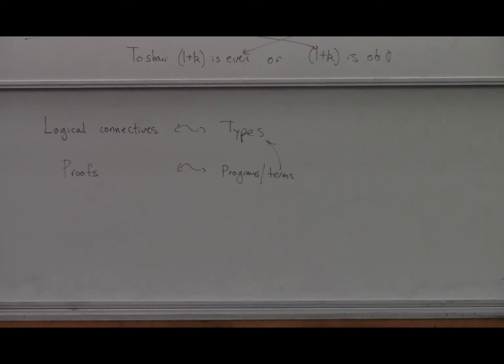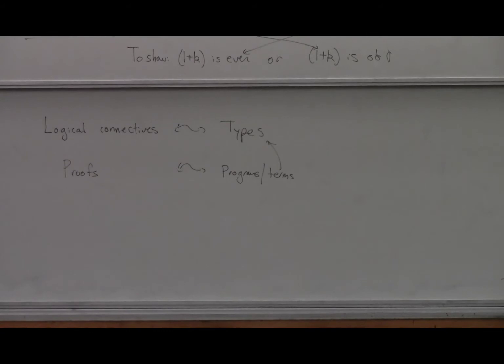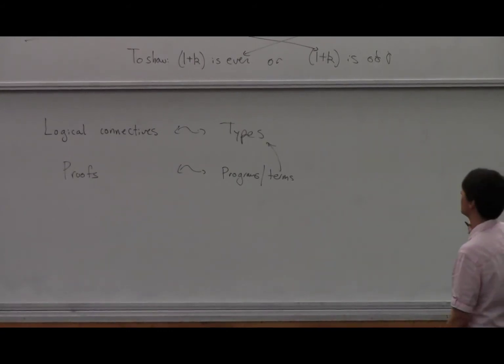Okay? So how many people have seen some version of props as types or Curry-Howard or something like that? Okay, so I won't really dwell on that since people seem like they're on top of that.